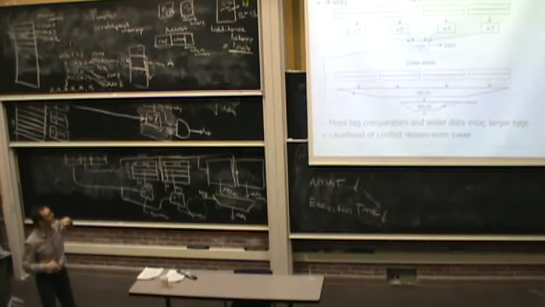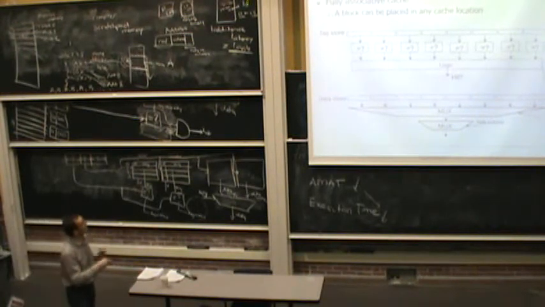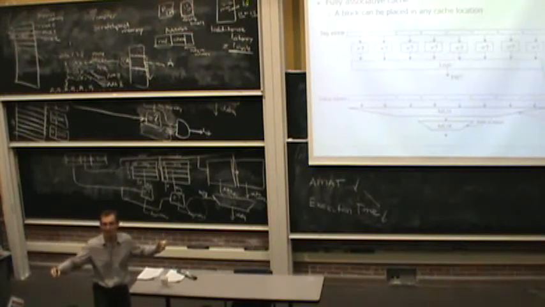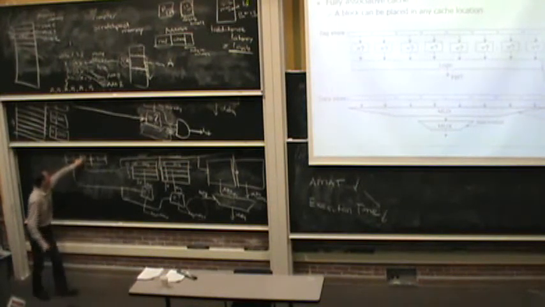Well, you could take the concept to the extreme and have full associativity. This is the most permissive cache organization, if you will, in the sense that a block can be placed in any cache location. What we've done here is we've gotten rid of the index bits. Right?